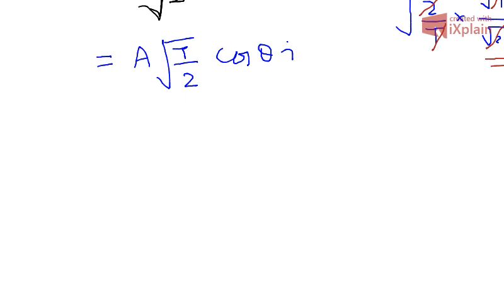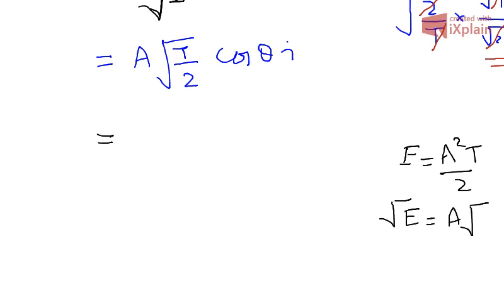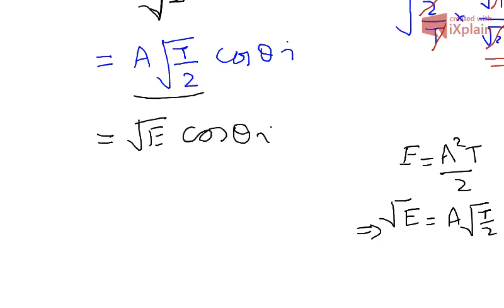Now if your energy is equal to A square T over 2, the square root of energy is equal to A under root T over 2. And here we have the square root of energy cos theta. And this is what we wanted to prove, right?